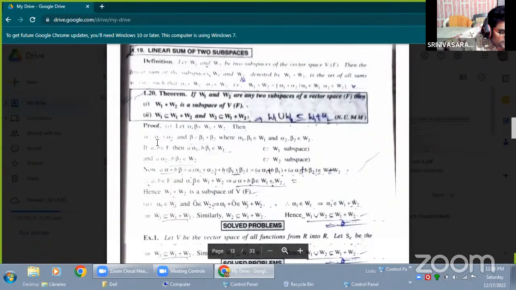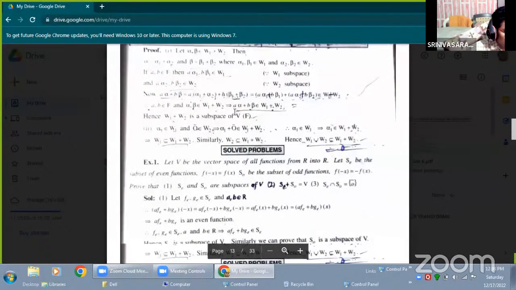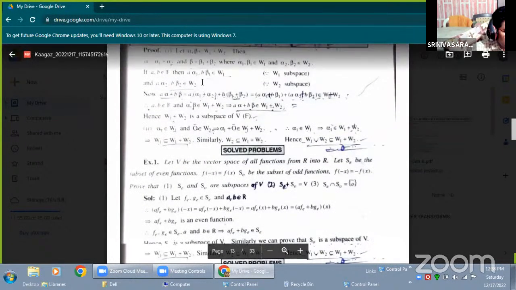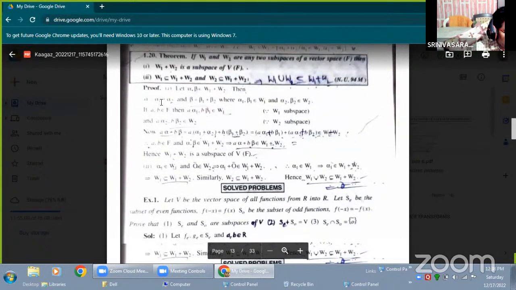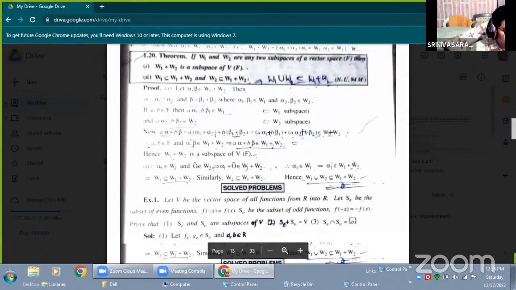Now observe: according to the linear sum elements, alpha 1 and beta 1 both belong to W1, the first subspace of the vector space. In the same manner, alpha 2 and beta 2 belong to W2. Therefore, because of scalar multiplication, a alpha 1 and b beta 1 belong to W1, and a alpha 2 and b beta 2 belong to W2.